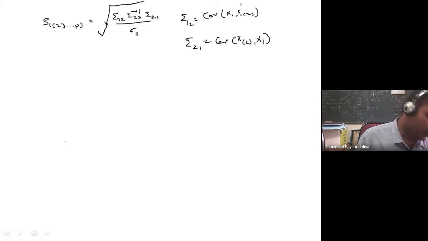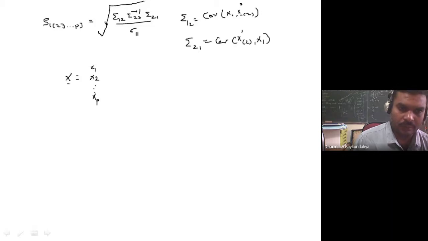So this is where you can find the correlation between x1 and x2. Sorry, this is x2 transpose, this is sigma 1 2. This is a correlation between x1 and some linear combination of x2. As I said, x is a vector which has p components, and we have partitioned it into two parts, one having only x1, that is one element, and the rest having p minus 1 elements, and we write them as the x1, x2 vector.